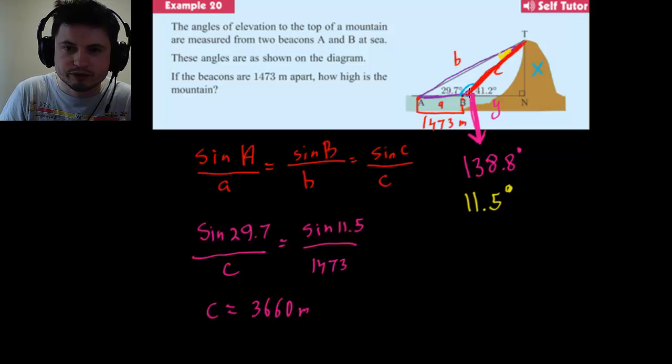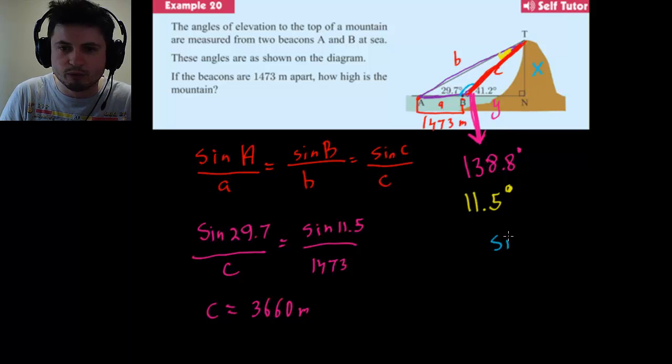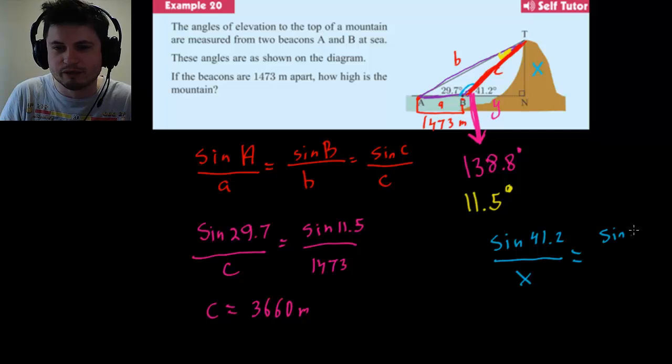Now, okay, we have this. Can we find x? Of course we can. We have this angle, and now we're looking at this different triangle, this right triangle here. Sine of 41.2 divided by x, which is what we're looking for, equals sine of 90, which is actually 1, divided by the side we just found, 3660.